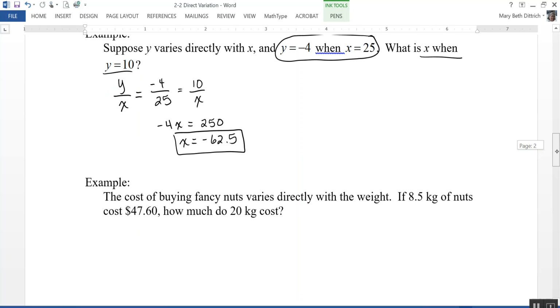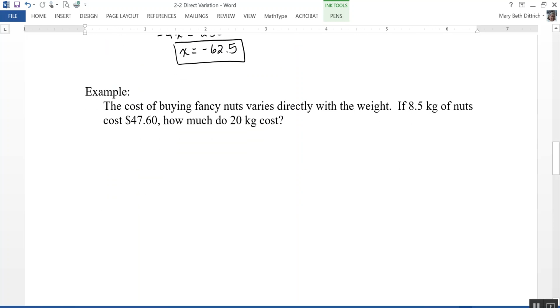You can also do this with word problems. Here's an example. The cost of buying fancy nuts varies directly with the weight. If 8.5 kilograms of nuts cost $47.60, how much do 20 kilograms cost? I'm just going to set up a proportion, kilograms over cost.